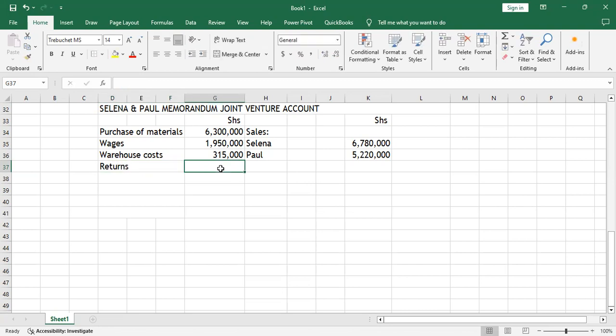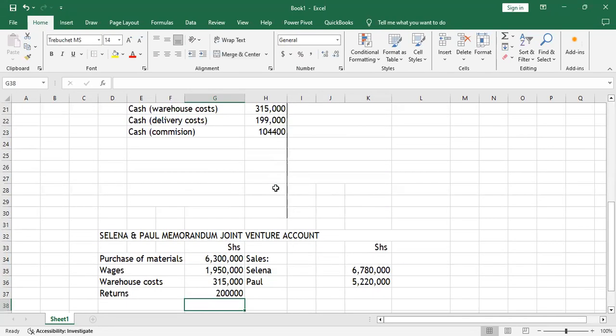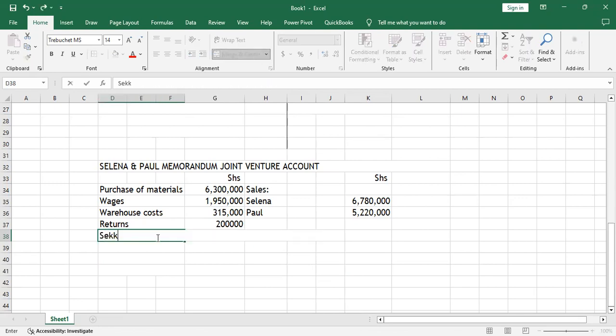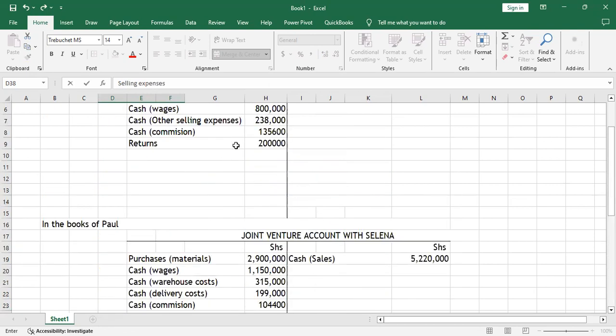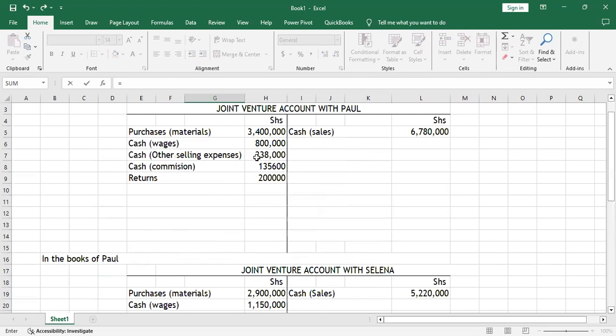Returns of that. Then we have the selling expenses. What's the selling expenses? Selena.